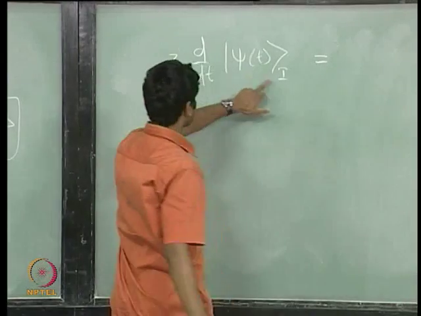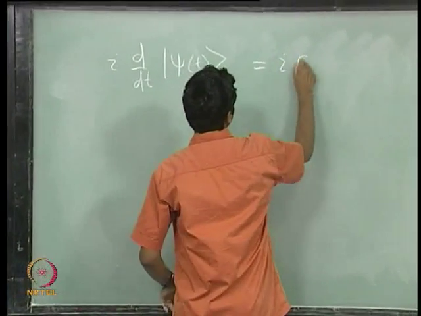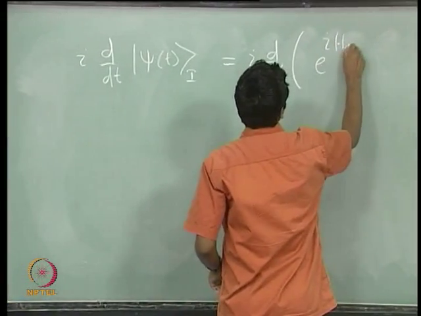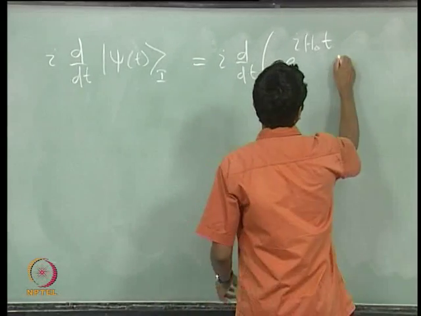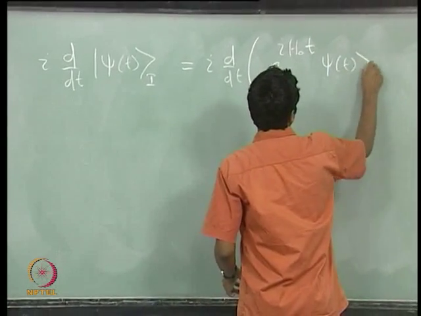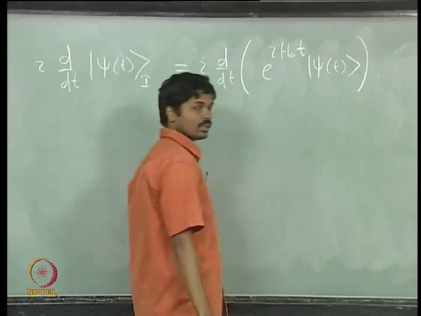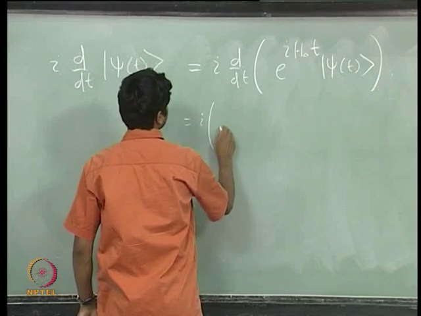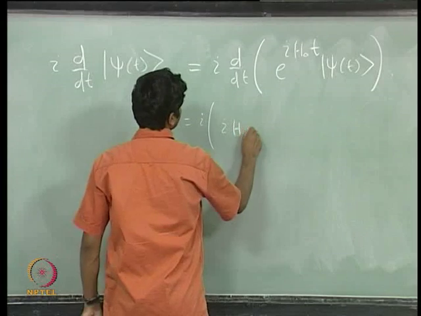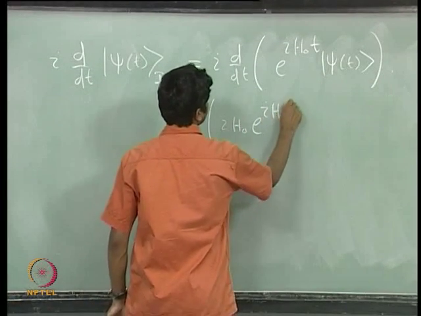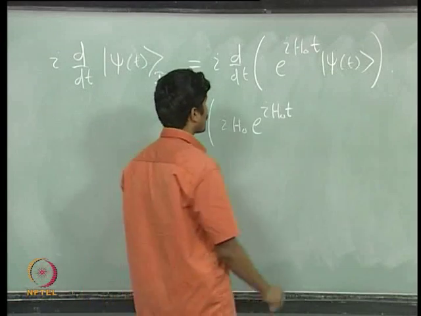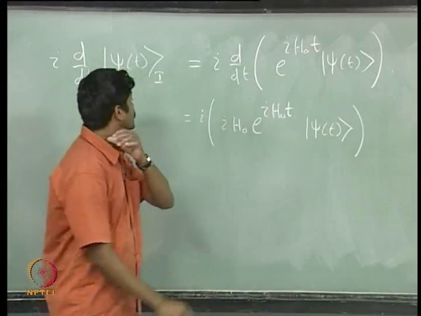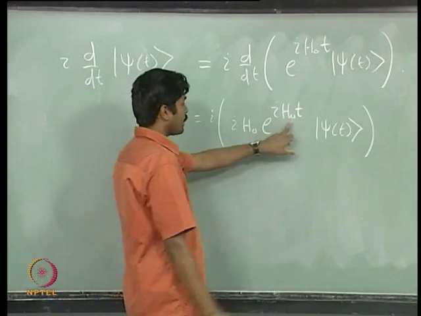According to the definition of psi I, this is i d over dt of e to the power i H0 t psi t. Now you can see this is nothing but i times i H0 e to the power i H0 t psi t, because here H0 is the free Hamiltonian.